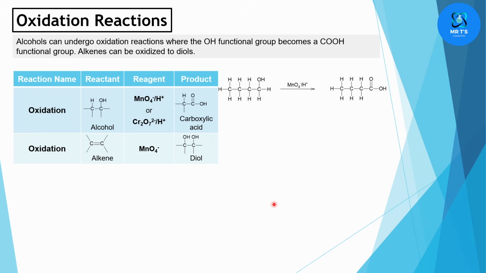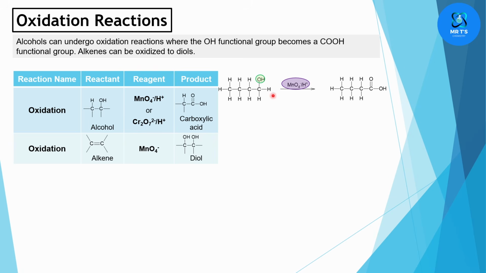The first one I have here is propan-1-ol. We can see from the OH functional group attached to the first carbon that this is an alcohol. If we add the reagent permanganate and it's acidified, MnO4-/H+, where H+ means it's acidified, sometimes written as KMnO4/H+, the permanganate actually gets reduced, but we don't need to worry about this when we're writing organic chemistry reactions.